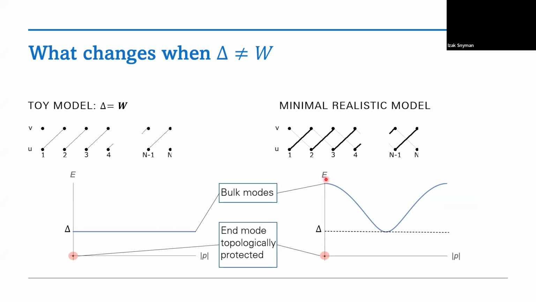Okay, so what changes between the toy model that we talked about, fine-tuned, and the more realistic model? It turns out that these two fine-tuned values of the toy model are not exceptional. You can think of them as avatars or representatives of two phases of the general model.